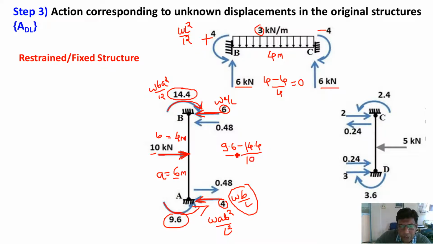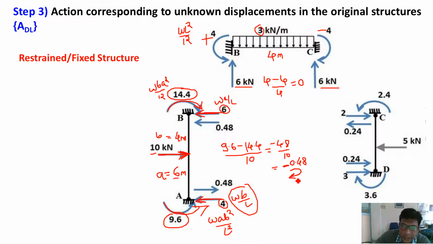So plus 9.6 minus 14.4, the answer is minus 4.8, divided by span 10, so the answer is minus 0.48. Right, this is the reaction due to moments. Now the answer is minus. Minus represents that it is clockwise.